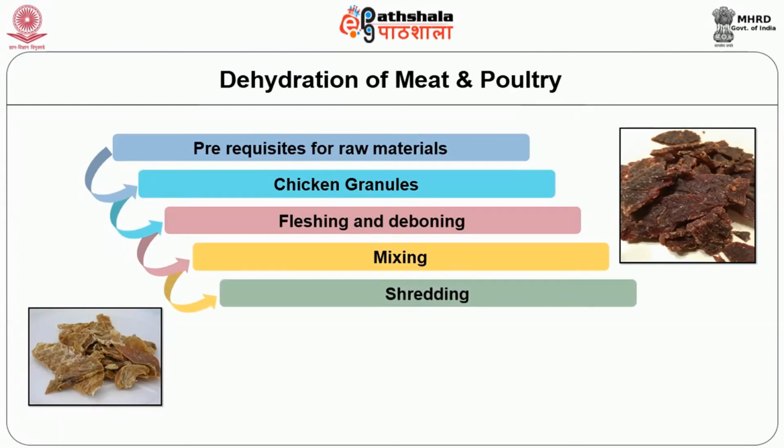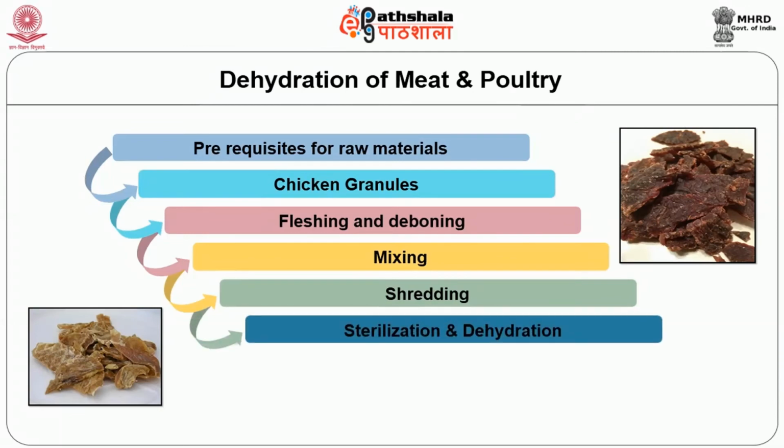This is followed by shredding, where shredding of the meat is done by passing through perforated plates of 2.5 mm, 4.7 mm or 9 mm according to the requirements. The next step is sterilization and dehydration, where sterilization at 1 atmospheric pressure is done prior to drying to reduce microbiological load.